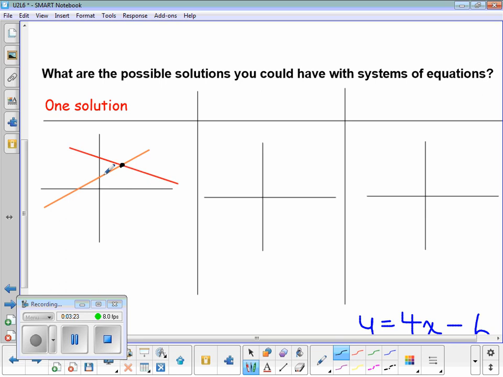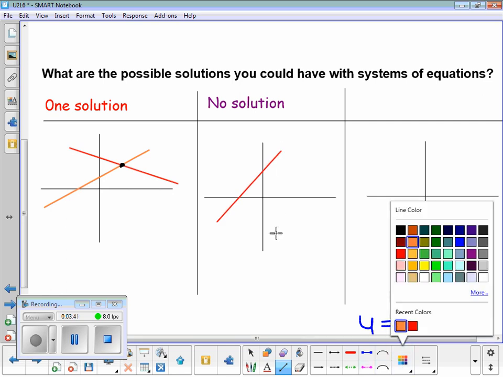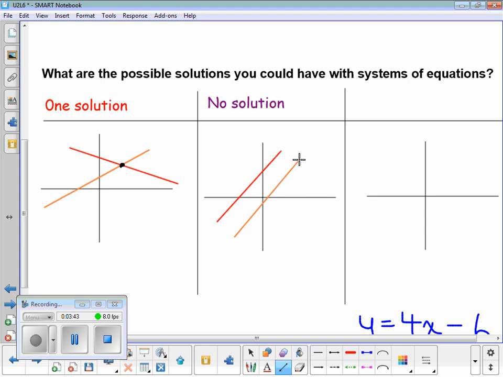So one point, that's where they would intersect. The next possibility is no solution whatsoever. This would happen if I had a line that went like this and my other line was like this.